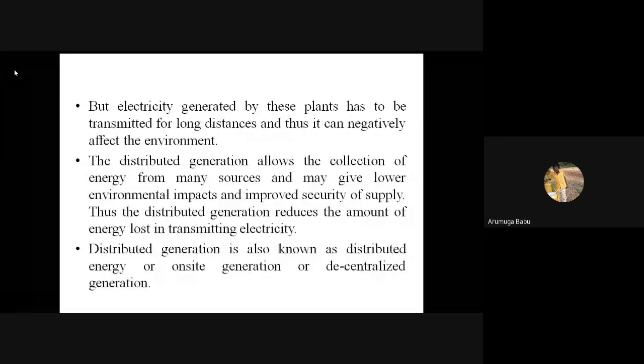We are going for renewable energy sources, so it will affect the environment very less compared to the previous one. Distribution generation is also known as on-site generation or decentralized generation. Since it is generated on-site itself, on the consumer side itself, we call it on-site generation or decentralized generation.